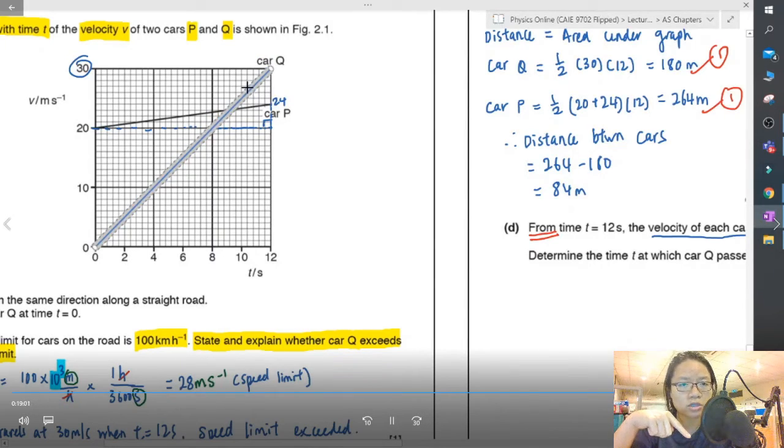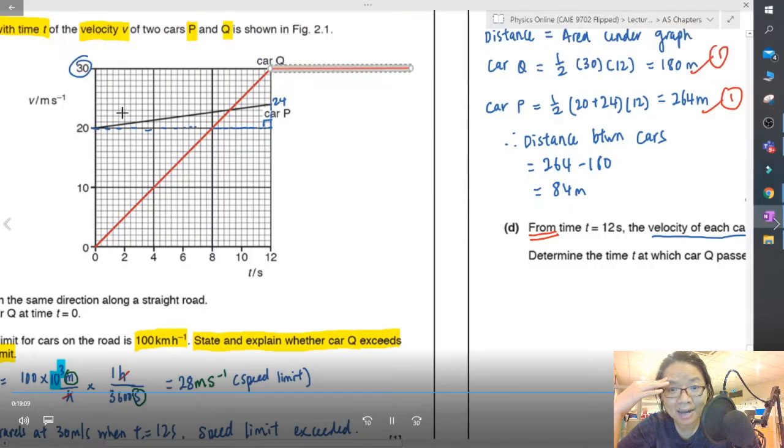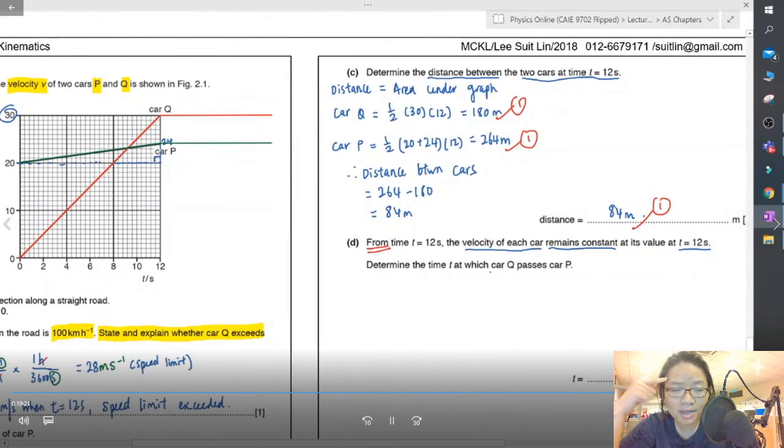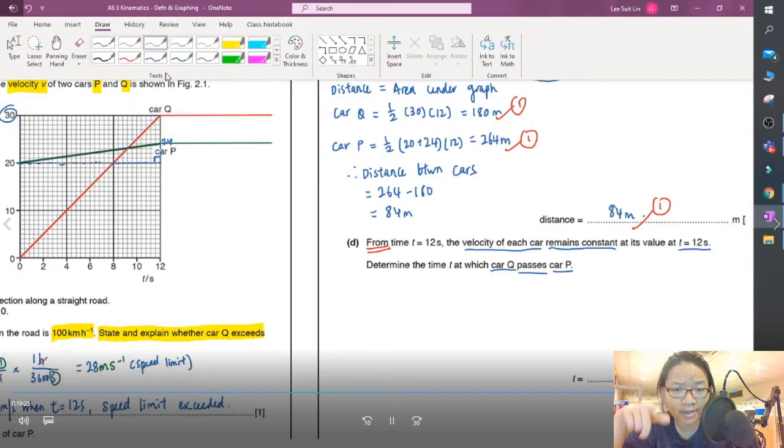So Q is going to go up to 30, and then it will stay at 30 forever, or until it catches up with car P. Because don't forget, car P is 84 meters in front. And for car P, it will increase to 24, and it will stay at 24 forever. Okay, so let's say at some place at the back, I don't know where, I'm just going to draw a vertical line to denote where that position is.